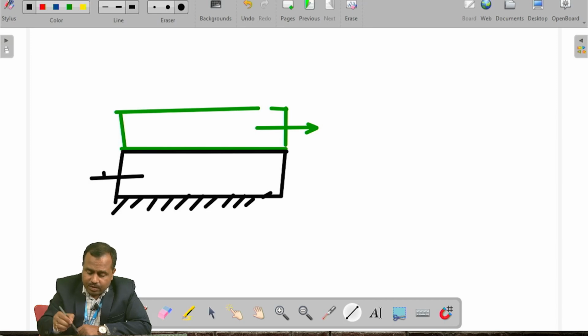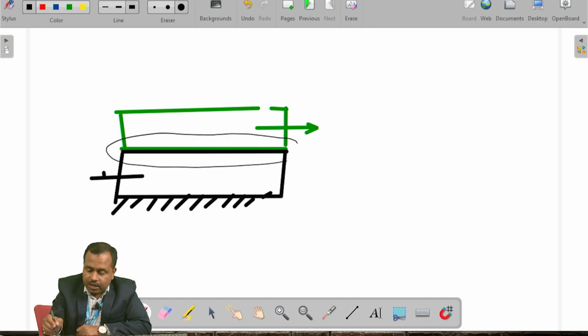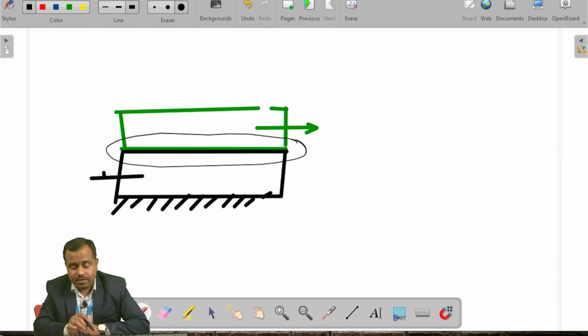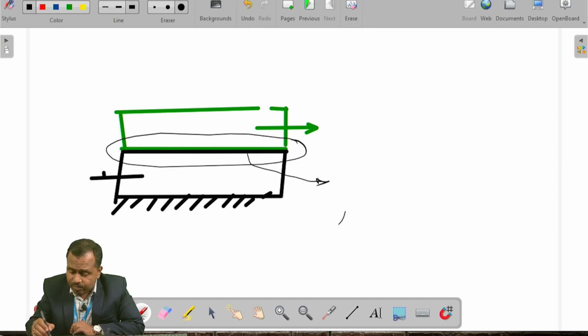This particular region is going to experience the friction, or we can simply say that there will be an interlocking of surfaces. Why does the interlocking occur? As I already said, if you observe this surface under the microscope, there will be some crests, some troughs, some valleys, so irregularities will be there.